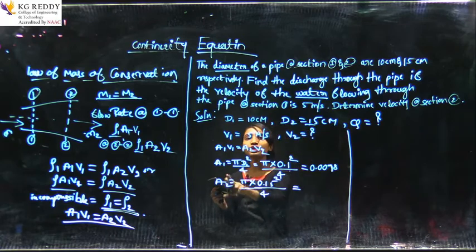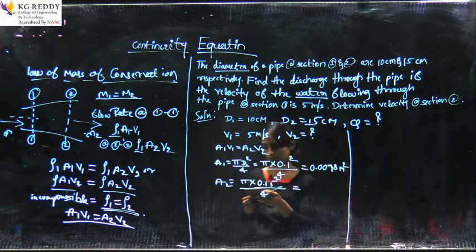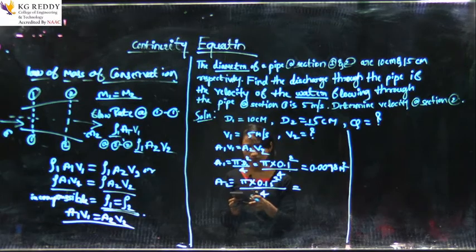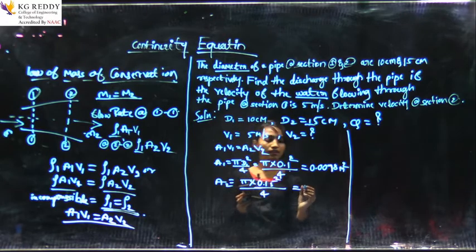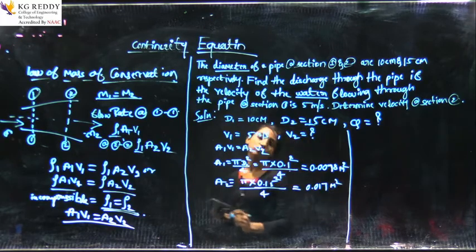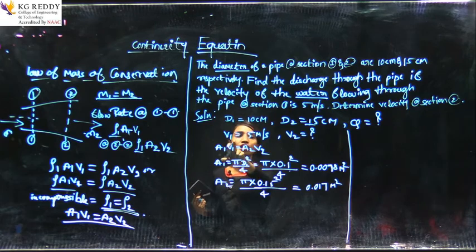Now what is the unit for this? We converted into meters, so this is the area, meter square. Now the second, A2, is pi into 0.15 square divided by 4. That is 0.017 meter square.